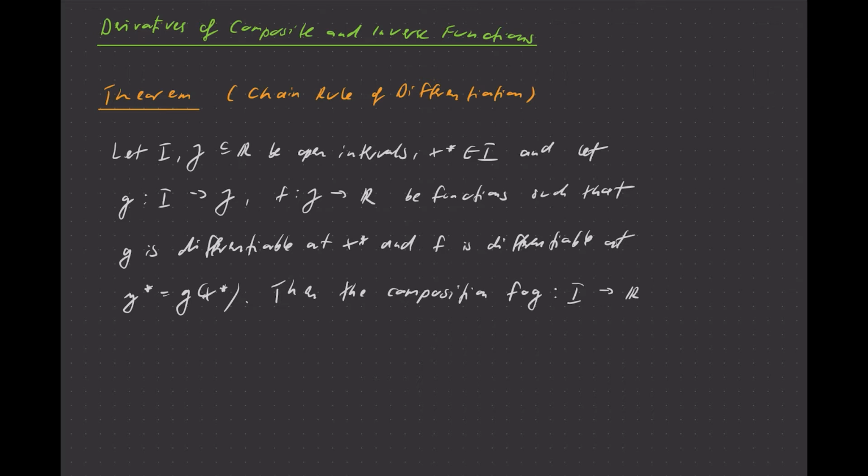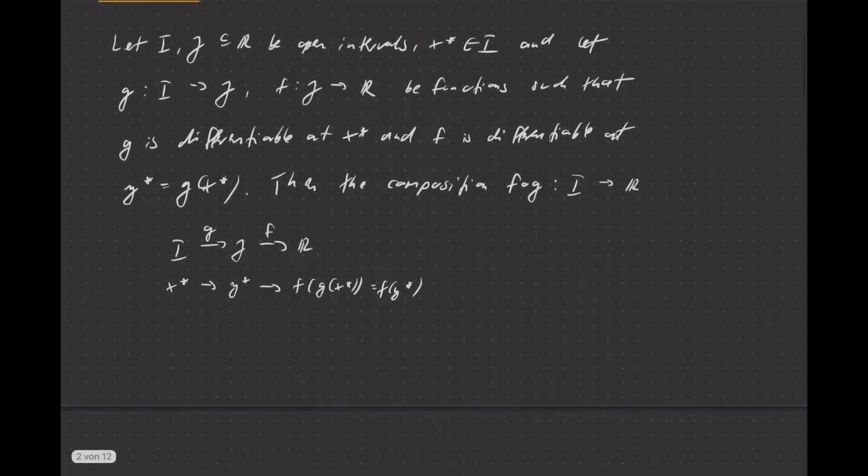So the function is defined on I. G maps that to J, and then f maps that to some set in R. So the point x star is here in I. That's mapped to y star, and then f maps that to f of g of x star, or f of y star. Okay, so this composition is differentiable at the point x star.